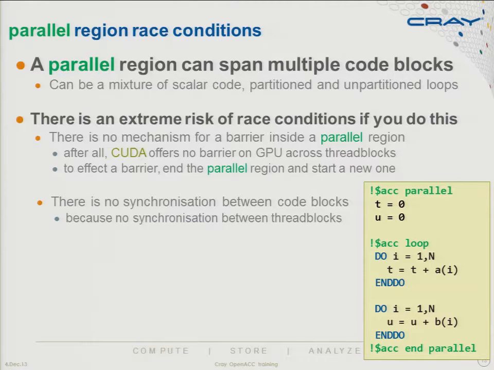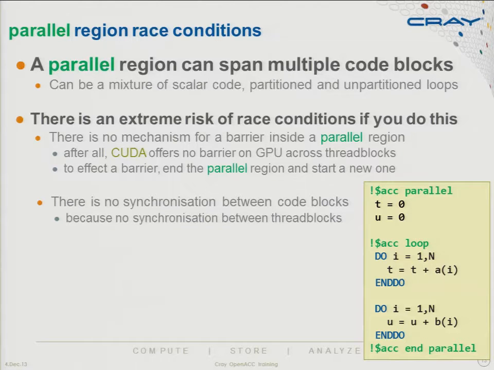The reason that's not a good idea is because there's no barriers on the GPU in CUDA or OpenACC. There's no barrier here. There's no barrier here. The barrier only comes here. So all the threads will set this to be 0, but then some threads will be quick at that, and some threads will be slow, and other threads will already have started this and be overwriting values, and the slow ones will then destroy half of these values that you'd added into T. There's race conditions everywhere.